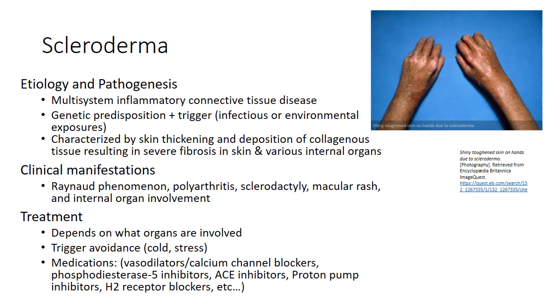Scleroderma is a type of multi-system inflammatory connective tissue disease that has complex pathogenesis. So early on, inflammation and immune cells make their way into tissue, and this affects blood vessels. It causes vasculopathy and actually injures the vessels themselves.